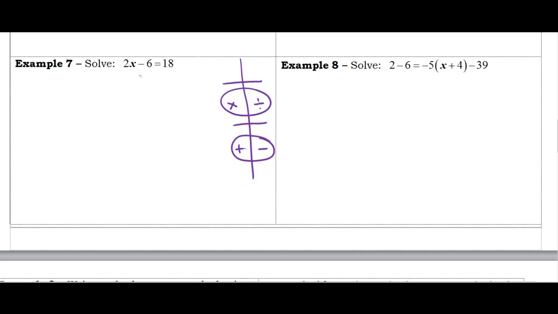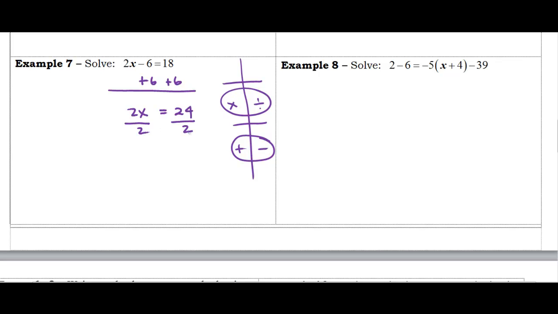How do I undo subtracting 6? Add 6, add 6. Who's left on the left-hand side? 2x. What do we have on the right side? 24. Is the x slowly being isolated? Yeah. How do I finish the isolation step?